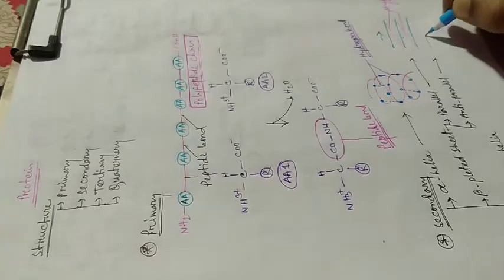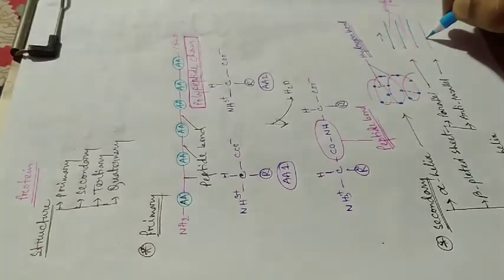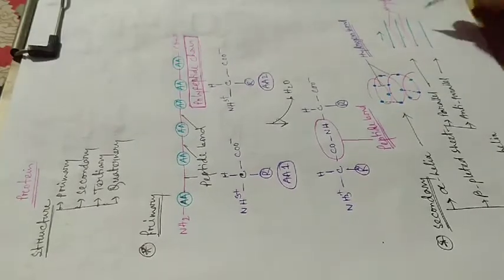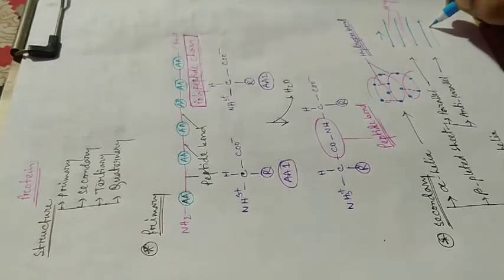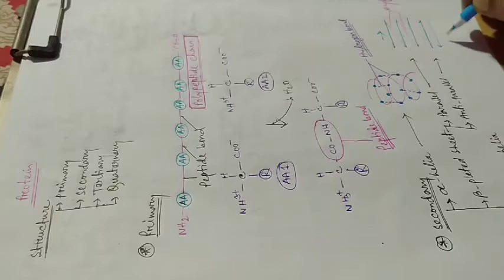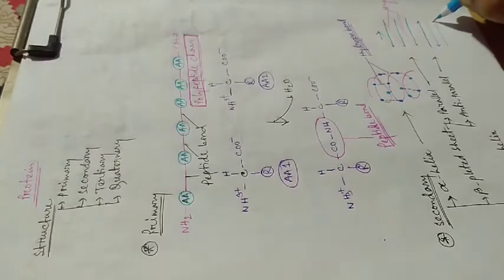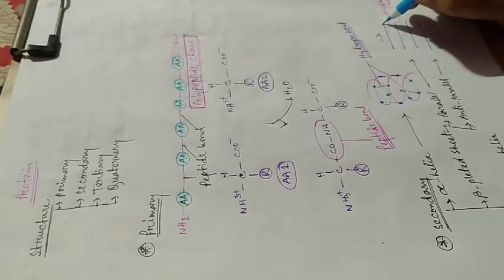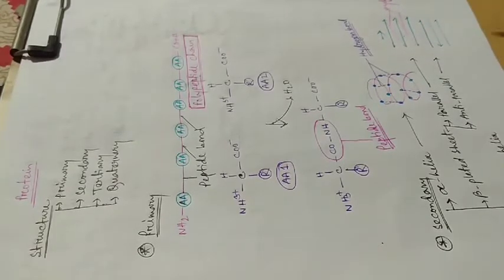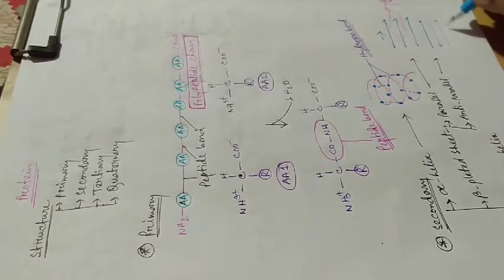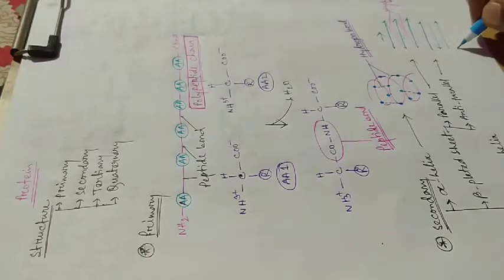Then in the case of anti-parallel, the polypeptide chains are arranged in opposite directions. Here, then the next is in that direction. In parallel, they are arranged in the same direction, but in anti-parallel, they are arranged in opposite directions.